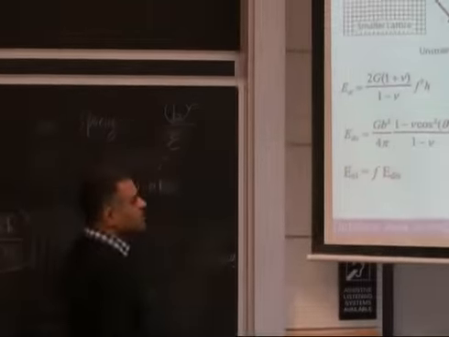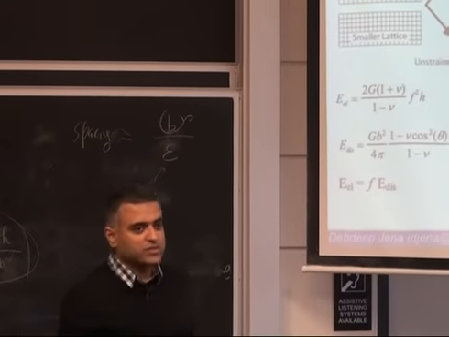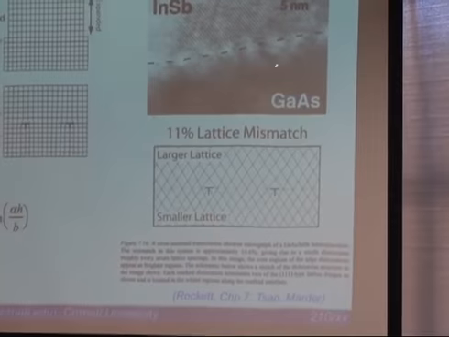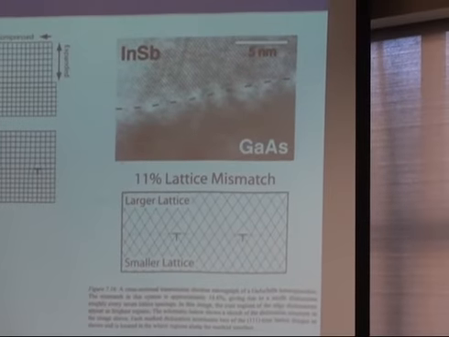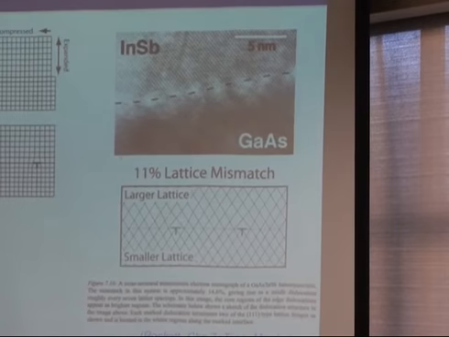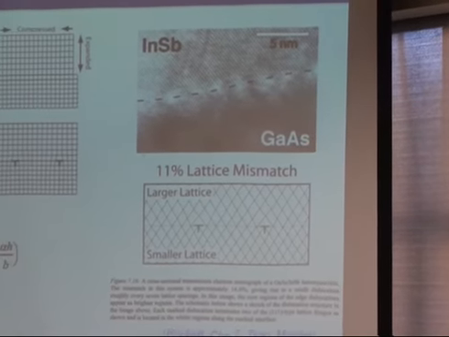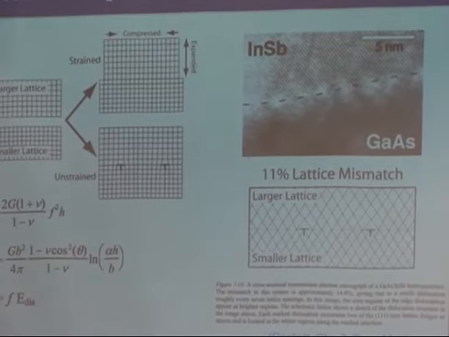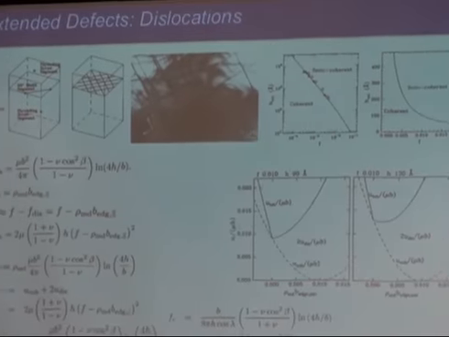This is the lattice constant roughly. So 1 over epsilon is a very nice, crude, rough number for the spacing of dislocations. And if it's 11% lattice mismatch, you will see a dislocation every 10 lattice constants or something like that, and you see it here. Now, not all the time it will be like this, but generally it's a good estimate of the spacing between dislocations.